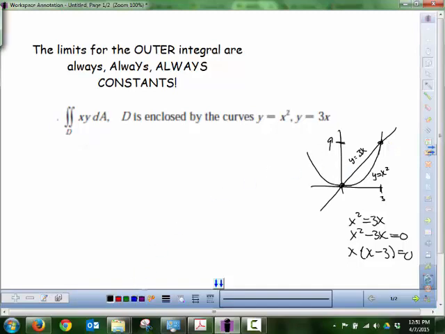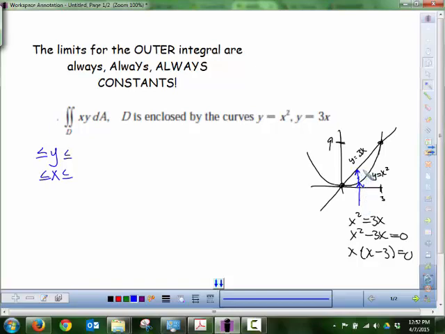So let's first evaluate this integral with respect to y first. I'm going to set up my inequalities that would then follow my double integral, my iterated integral. Remember, if you want to integrate with respect to y first, you draw a line parallel to the y-axis going into the region and out of the region.